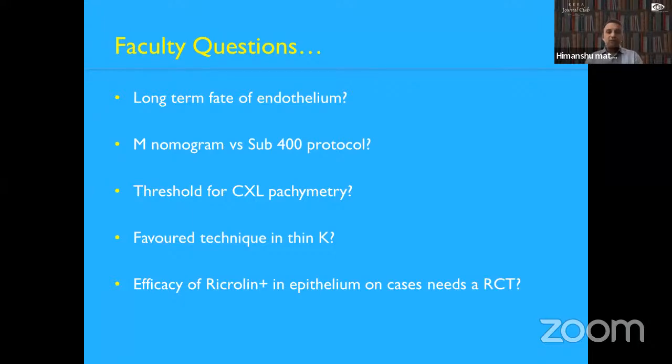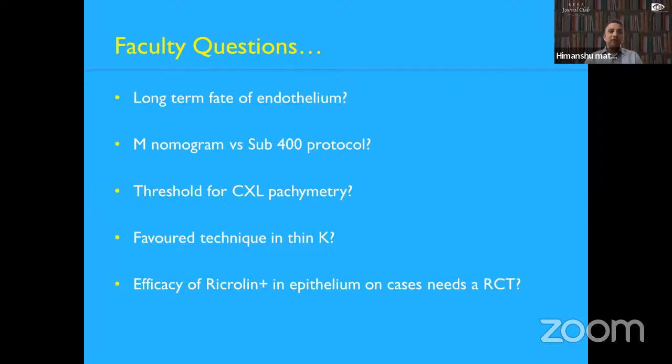If you're able to cross-link a 100 micron cornea, but you're not able to visually rehabilitate that patient, it does not make any sense, right? So it's not about how thin you go. What is your plan next to it? Now you may go thinner, but if you're not able to visually rehabilitate that, then you are reducing your success rate of either big bubble or certainly wasting your resources.